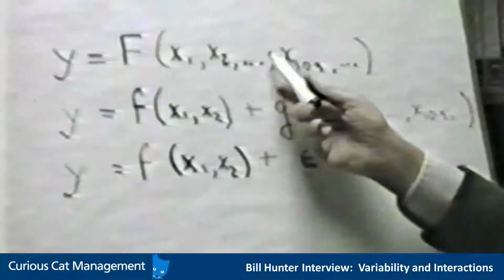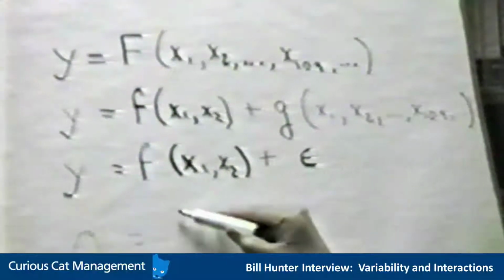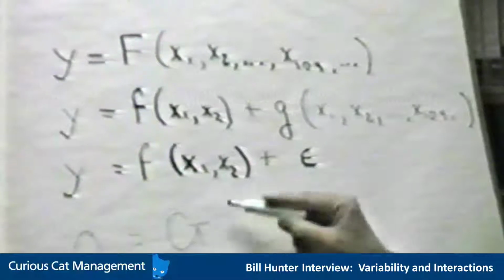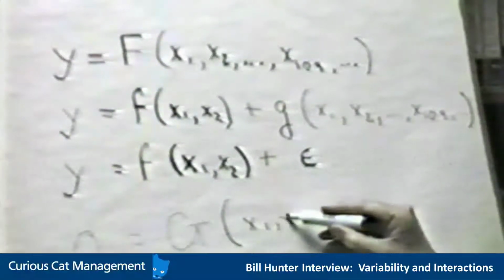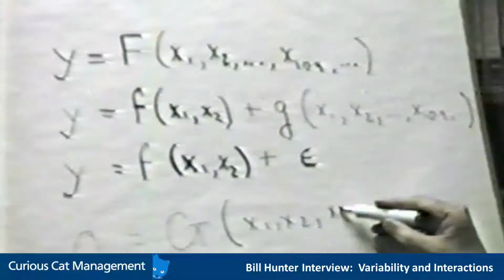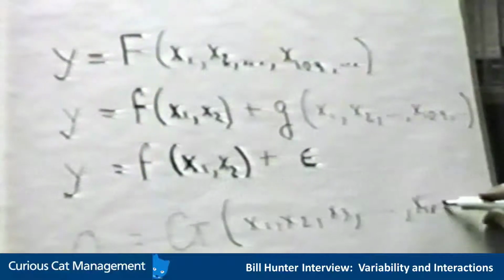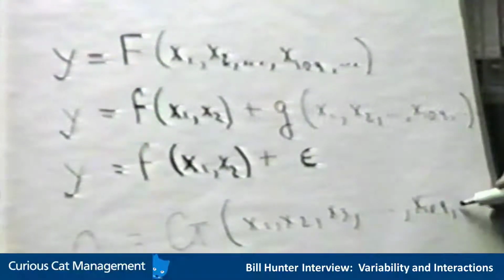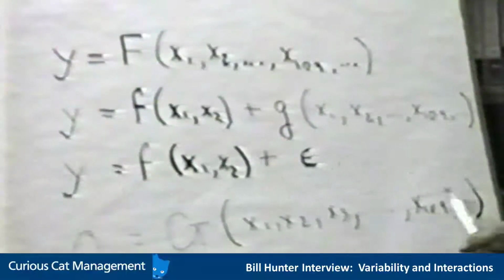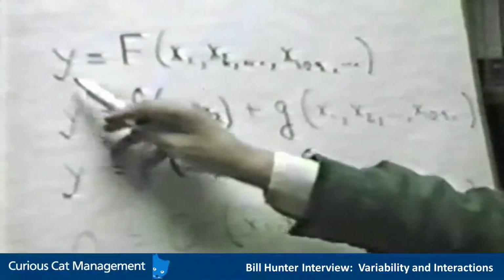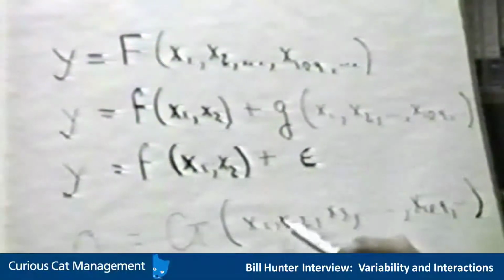And maybe a better way to begin is just to say that 0 is equal to some capital G, a function of x1, x2, x3, and so on, up to x109, and this string of x's actually includes these y's, so everything is just a measurement, and we'll call them all x's or all y's, it doesn't matter.